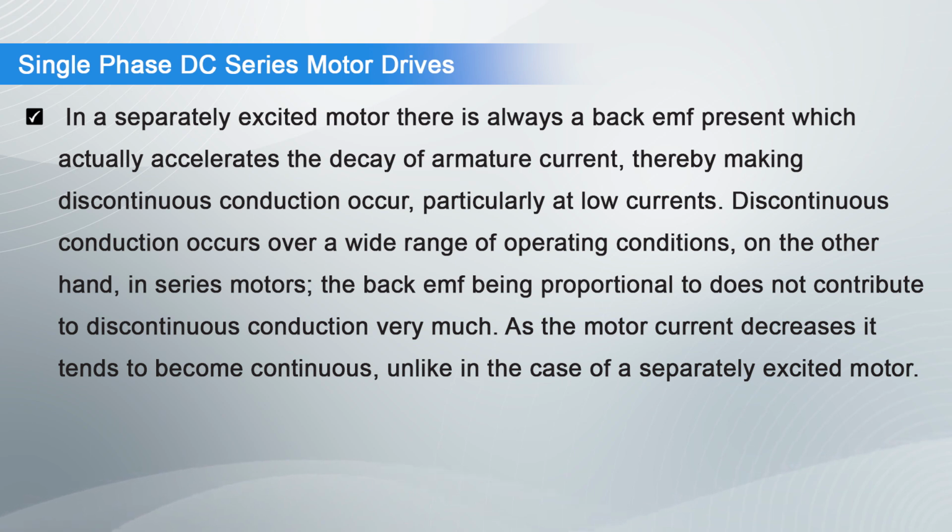On the other hand, in a series motor, the back EMF being proportional to the current decreases as the motor current decreases, so conduction tends to become continuous, unlike in the case of a separately excited motor.